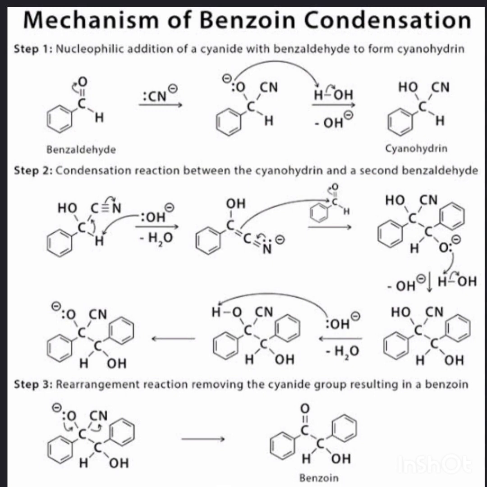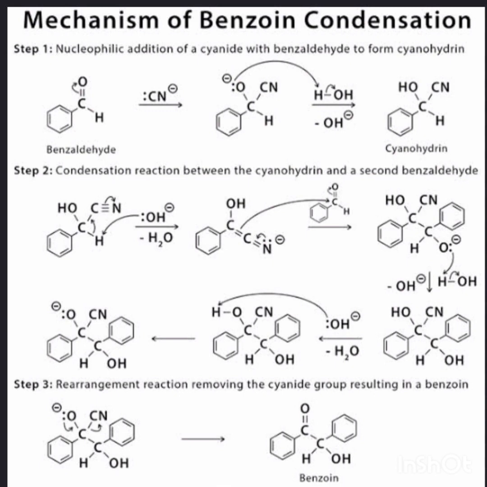Here we are removing the cyanide group, so the O minus will be converted into a double bond O, so that benzoin will be formed, that is C6H5 C double bond O CHOH C6H5. That is the structure of benzoin.